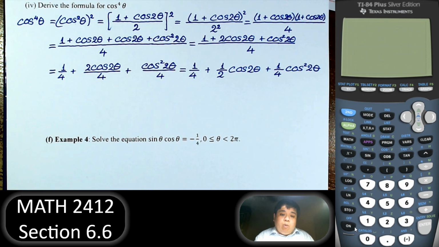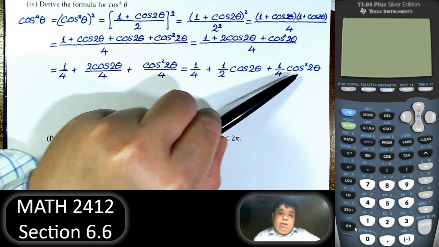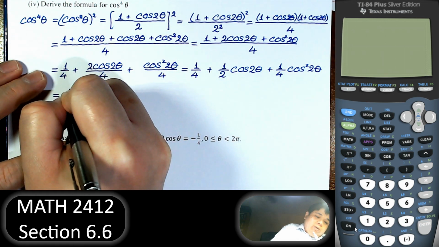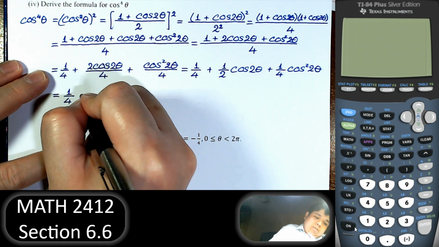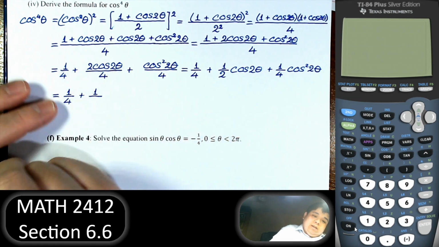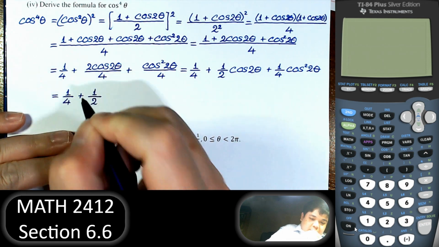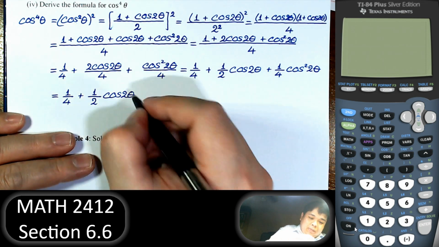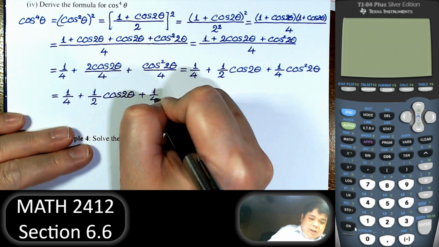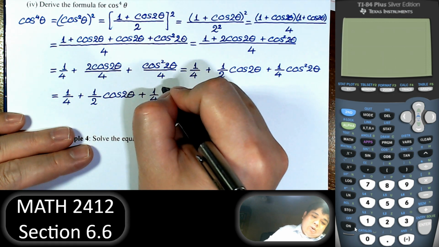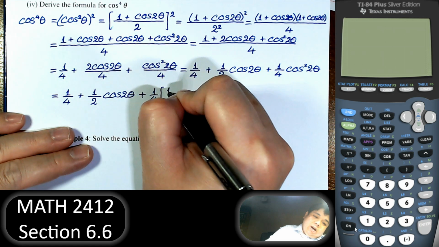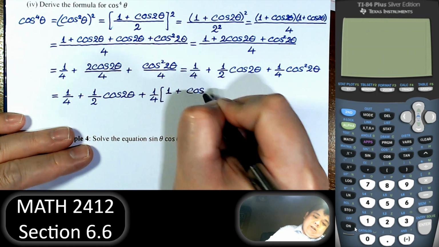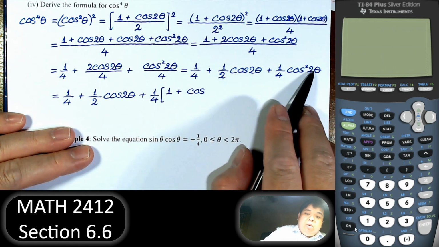Now, what we can do is break this down further. Also power reducing. So we have 1/4 plus 1/2 cosine of 2 theta plus 1/4. Now the power reducing, cosine square is going to be 1 plus cosine of double of the angle.